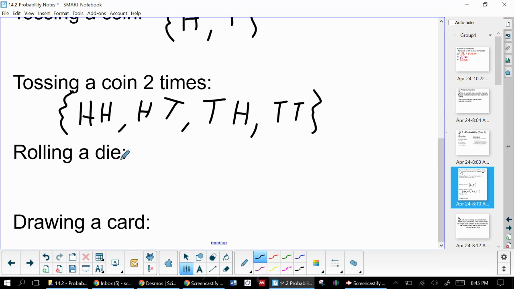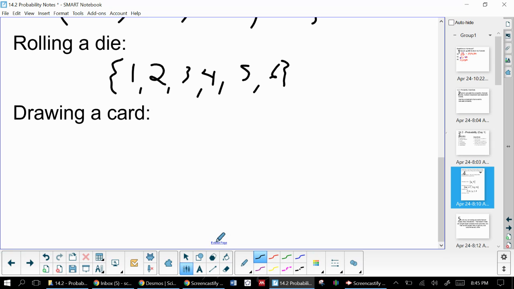Okay, how about something like rolling a die? If we just have our normal standard die, when I say that, unless I say something else, it's going to be a 6-sided die. Our chances are just 1, 2, 3, 4, 5, and 6. Or something like drawing a card, this gets a lot longer, obviously. There's 52 different cards.